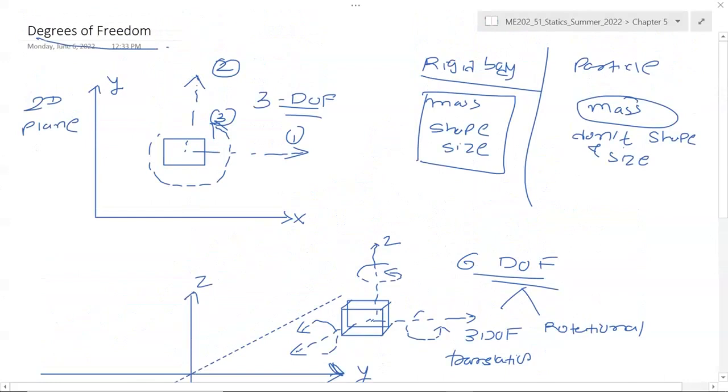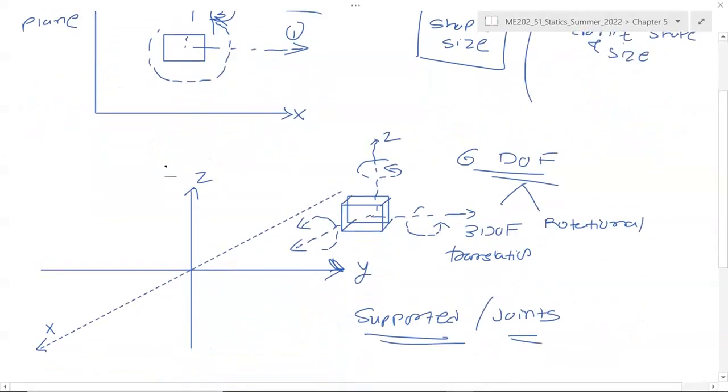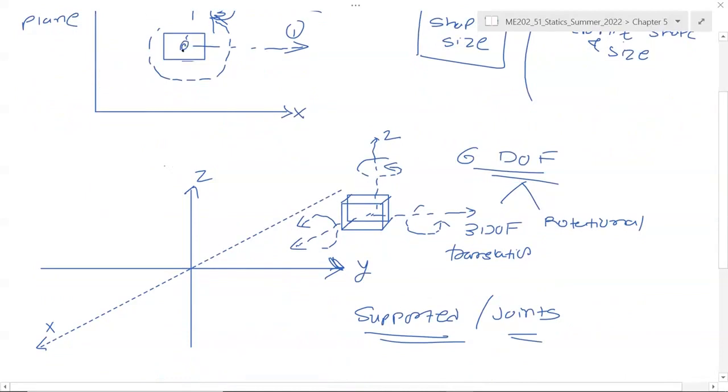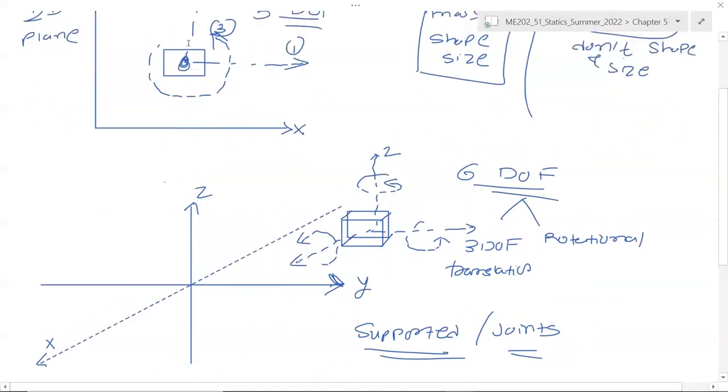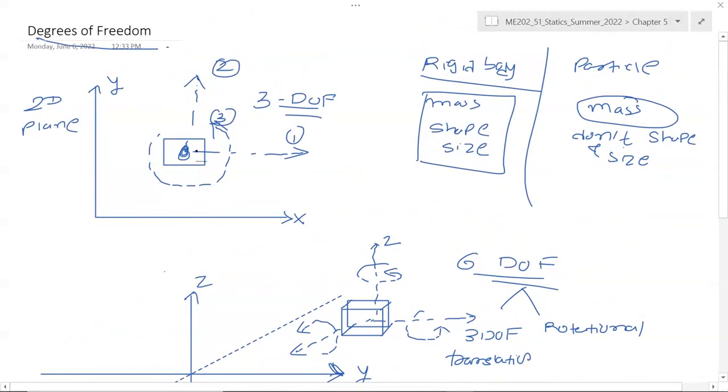For example, in this two-dimensional plane, if we add a pin at the center of this object, and that pin is connected with the background, then this object cannot translate along the x direction or along the y direction. All it can do is rotate. So we have restricted 2 degrees of freedom. That means this particular pin support has 2 constraints.